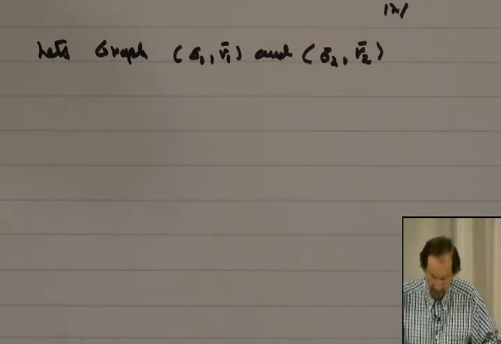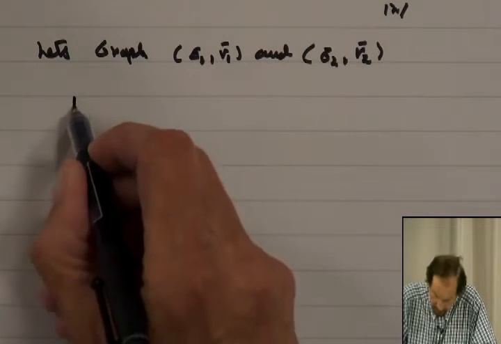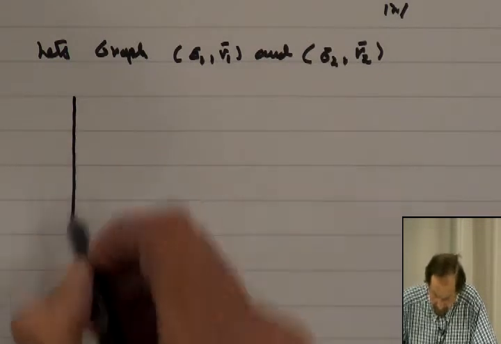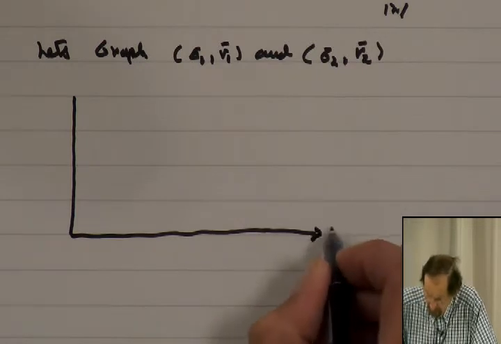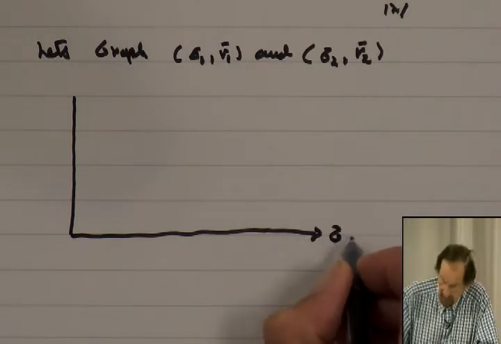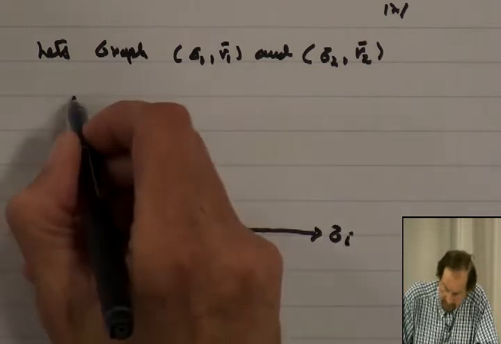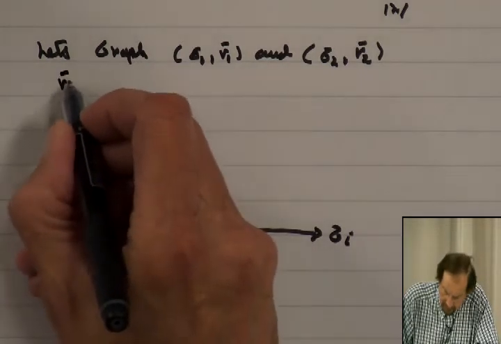Well, let's just graph these. This is sigma i, and this is r bar i.